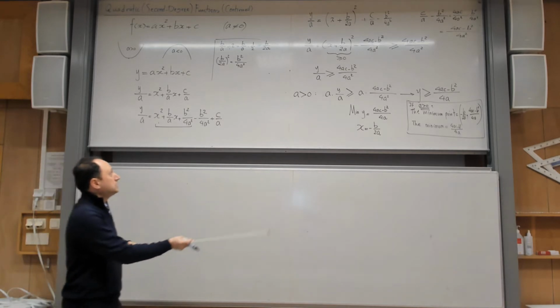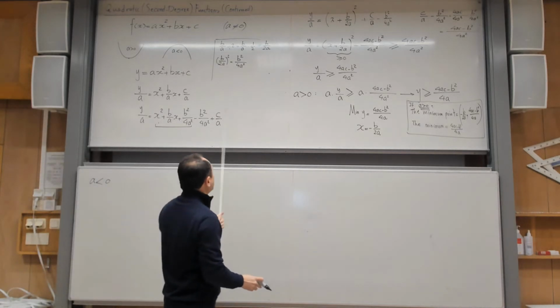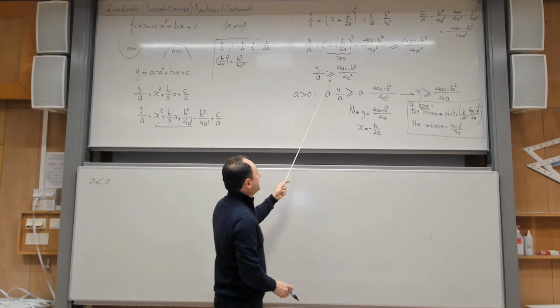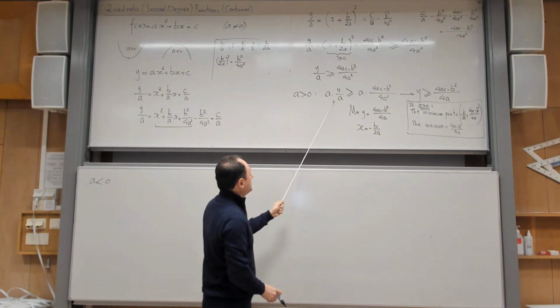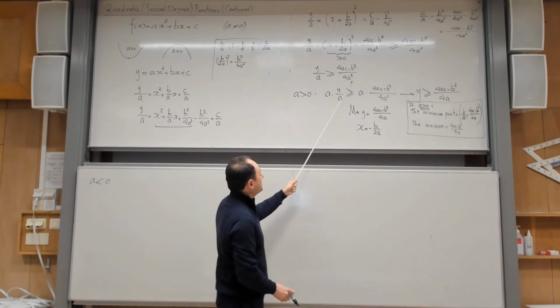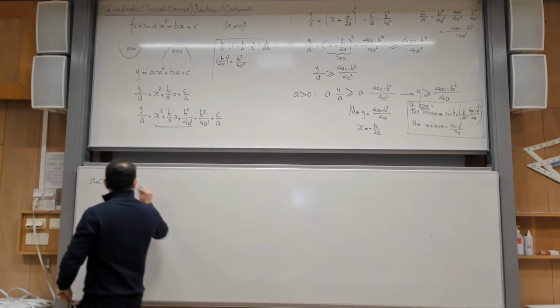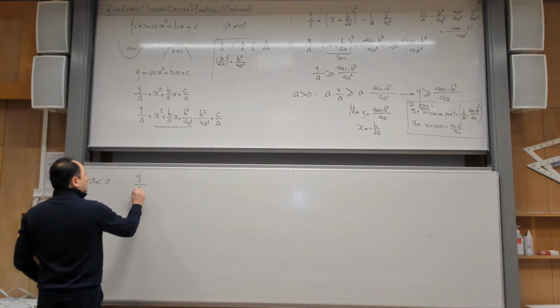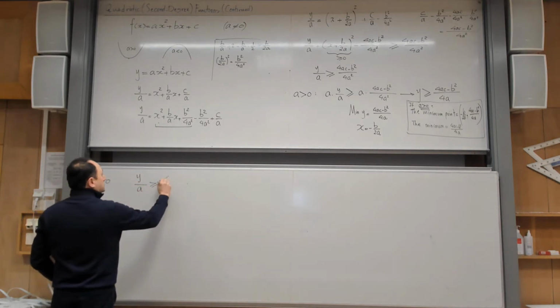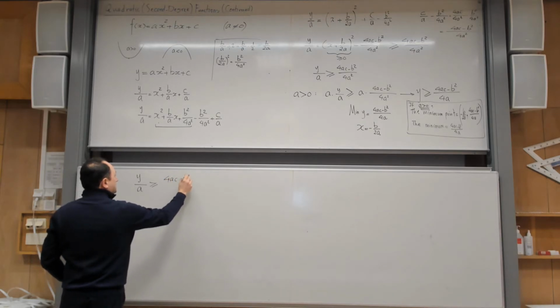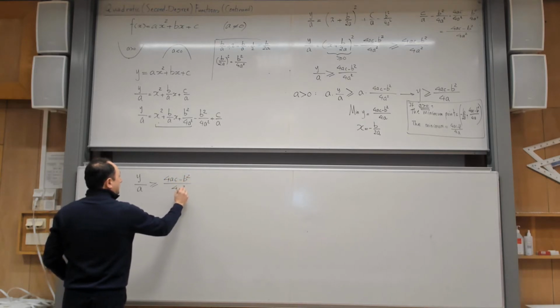So far, every calculation that I have done up to here is still valid. But this part depended on the sign of a, so here I have to be careful. I still have y over a is greater than or equal to 4ac minus b squared divided by 4a squared.